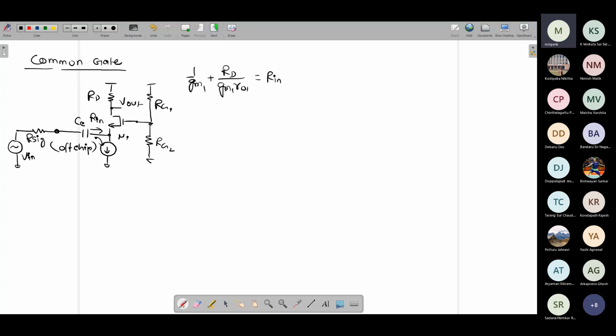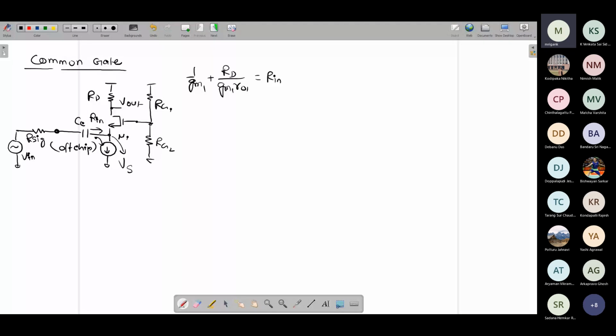The first thing is to look at the signal appearing at the source of this common gate. If we find the signal Vs at this source, the overall voltage gain is known, because this is just like the common source amplifier. Only the signal is being applied at the source and the gate is AC grounded.